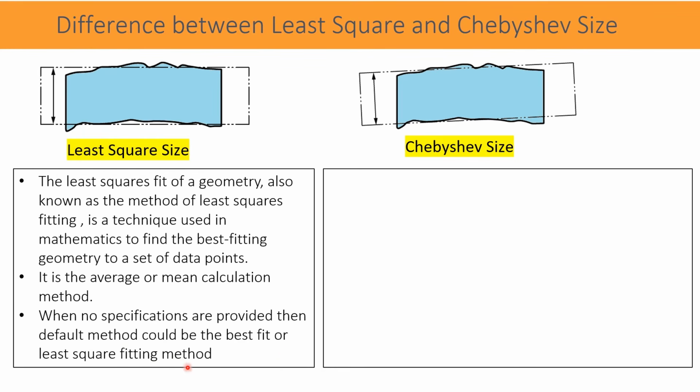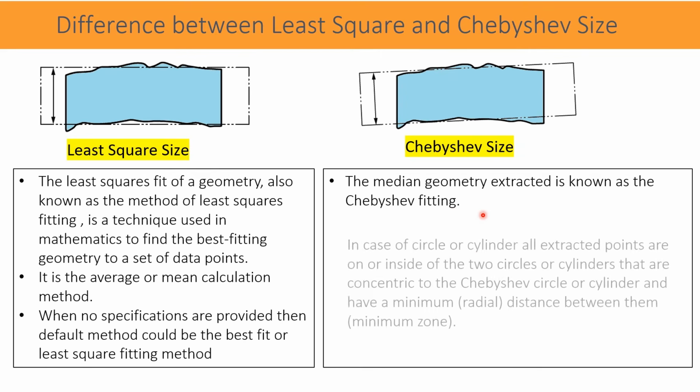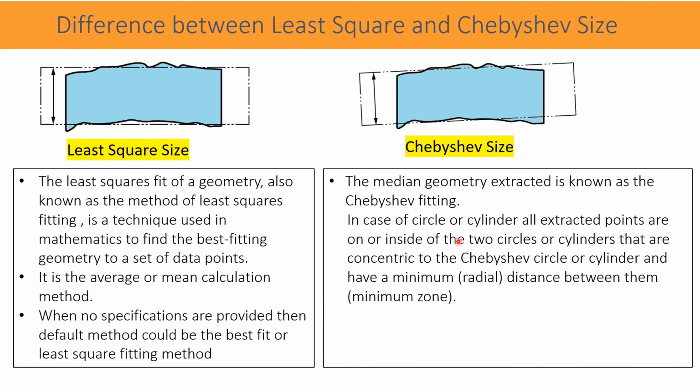In case of Chebyshev size, the median geometry which is extracted from the real geometry is known as the Chebyshev fitting. In case of circle or cylinder, all extracted points are on or inside of the two circles or cylinders that are concentric to the Chebyshev circle or cylinder and have a minimum distance between them, that is radial distance.